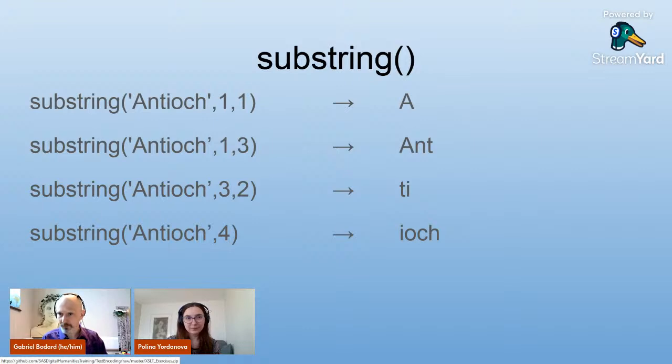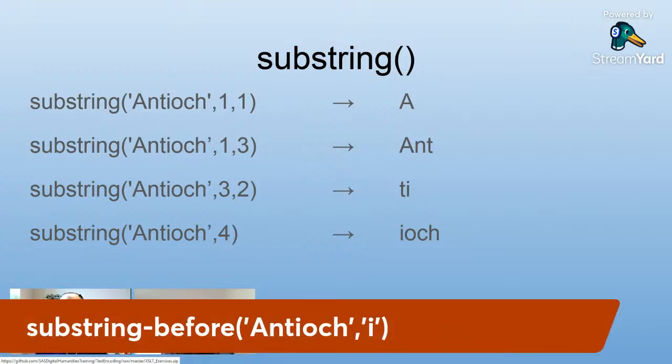Yeah, contains is simple; substring-before is slightly more interesting. Here's an example. I'm just going to put on the bottom of the screen in large letters a substring-before instance. What that's saying is find me everything in Antioch before the first instance of an I. And the answer to that is Ant.